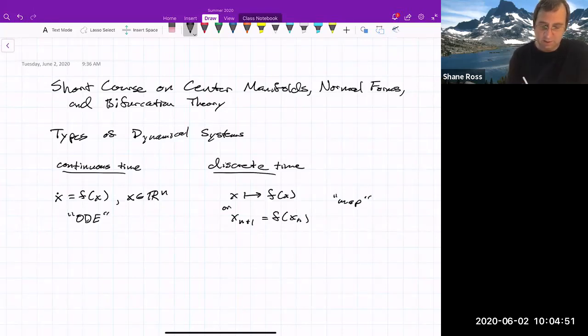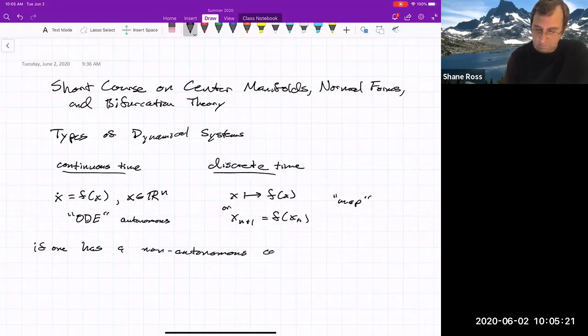And you'll notice I'm focusing on autonomous ODEs. Autonomous means that f is not a function of time. So x dot is dx by dt. If a system is a non-autonomous continuous time system, that would be x dot equals f of x and t.